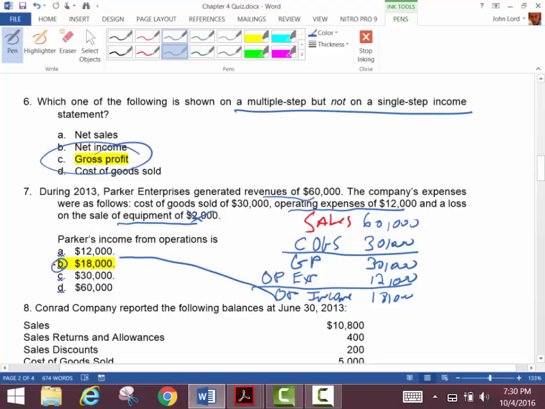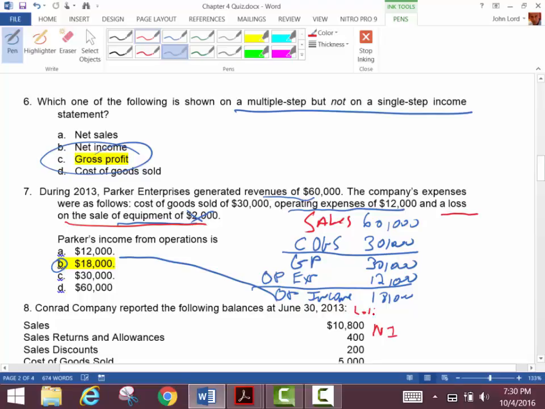Let me ask you this. What if they ask me for net income? What should I do? Now I'm going to take this what? It's not a gain, it's a loss on the sale of equipment. They had a loss on the sale of equipment, right?